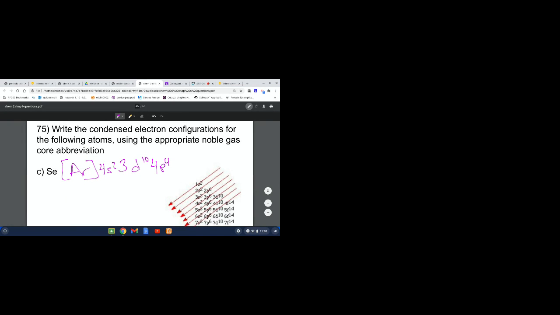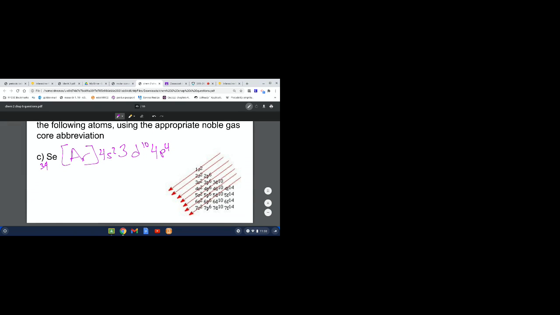Let's confirm that again with our long version. Again, selenium is 34. So that means 1s2, 2s2, 2p6, 3s2, 3p6, 4s2, 3d10.